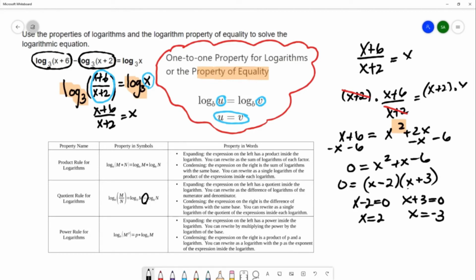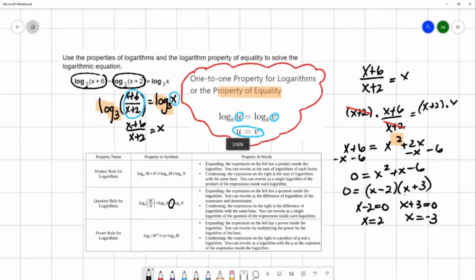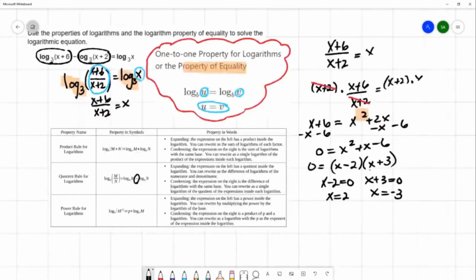So we do have some values for x, but we're not done solving this question yet because log expressions have domains that are restricted. What that means is that you're not allowed to plug just any number into logarithms.